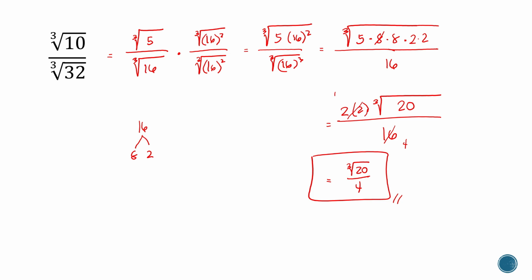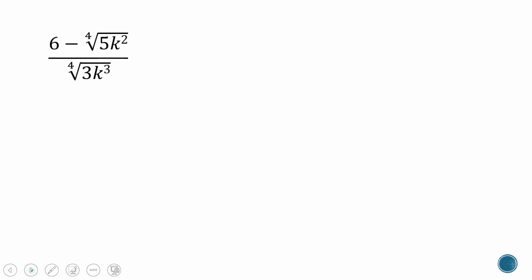All right, let's go to the next example. Here again we have a fourth root of 3k raised to 3. We need to rationalize this by multiplying both the numerator and the denominator by, guess what? Fourth root of what? 3, not just 3. 3 raised to 3.